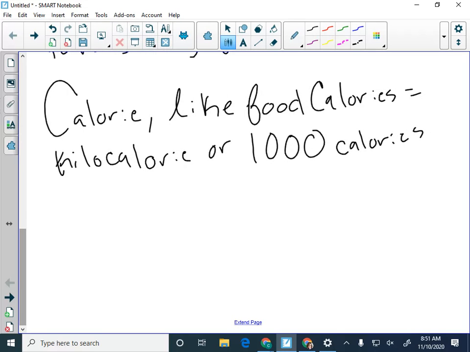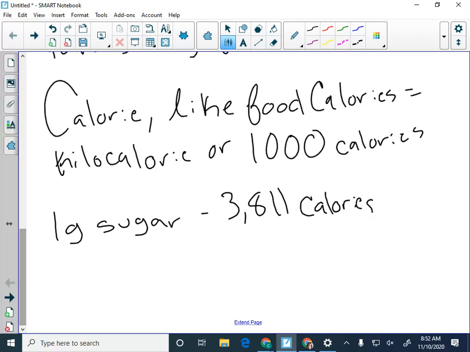Now, 1 gram of sugar, if we were to light it on fire and measure the heat that came off of it, we would get 3,811 little calories.